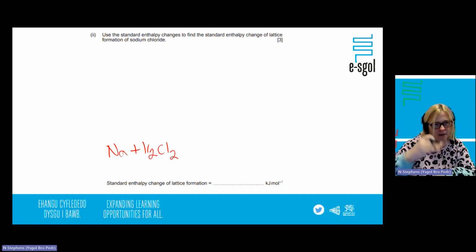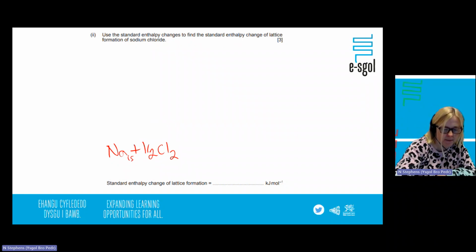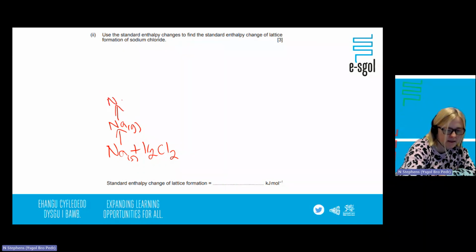I tend to then break it down into one single function each step. So the first thing I'm going to do is take my solid sodium and turn it into gaseous sodium. Nothing else is changing, so don't touch that half of chlorine. I'm then going to ionize it to take it to Na+.